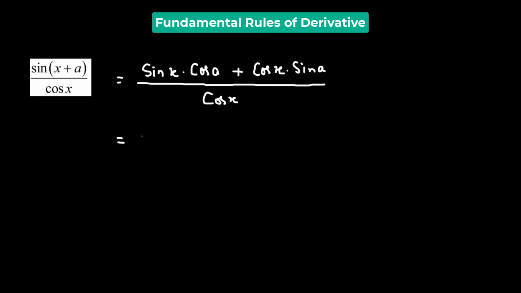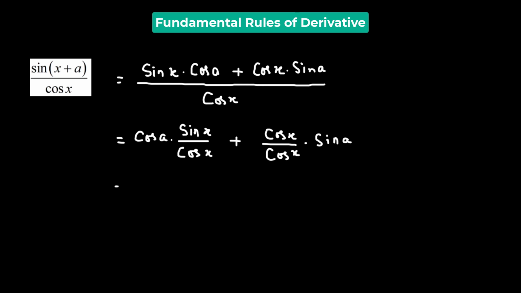Let's write the cosine of a first. So we have sine of x divided by cosine of x, times cosine of a, plus cosine of x divided by cosine of x times sine of a. Now we know that the ratio sine over cosine is simply the tangent function. So we have cosine of a times tangent of x, plus the cosine of x gets cancelled out, leaving us with sine of a.